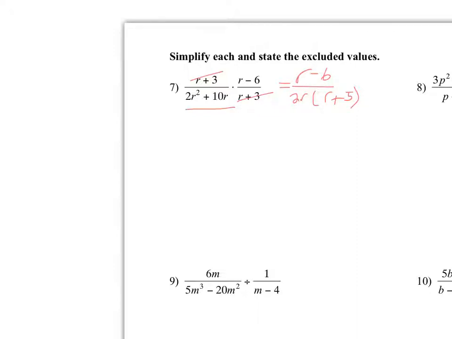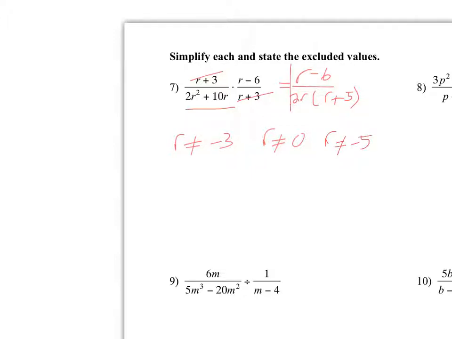So I need to be sure to include those values in there, because at one point in time, r could not be negative 3, so r cannot be negative 3, and based on what I see here, if 2r is 0, then the denominator is 0, so r cannot be 0, and then again, if r is negative 5, then the denominator is 0, so r can't be negative 5.